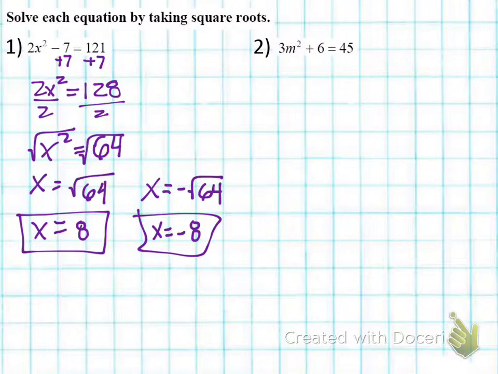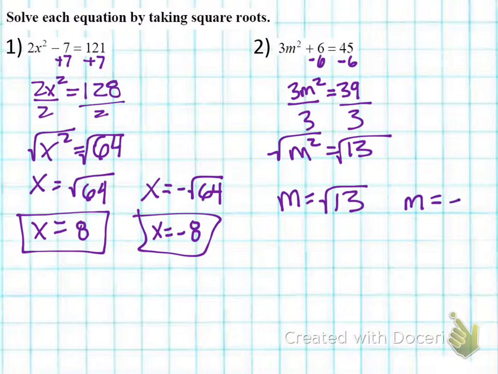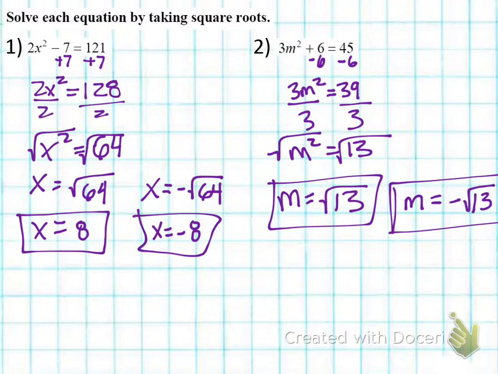Okay, number 2, I'm going to start by subtracting 6 from both sides. That gives me 3m squared equals 39. I'll divide by 3 to isolate m squared. And then take the square root of both sides, set up my two equations. I have m equals the positive square root of 13, and m equals the negative square root of 13.